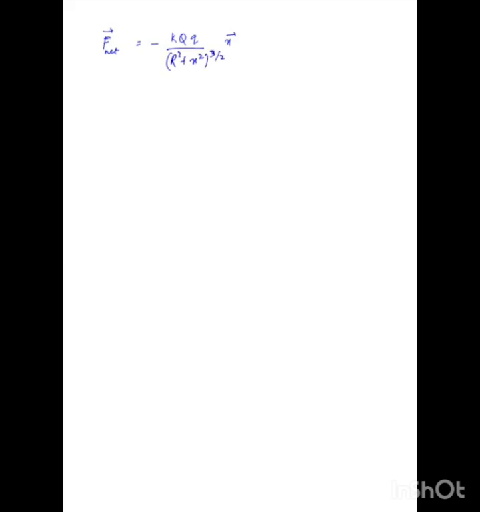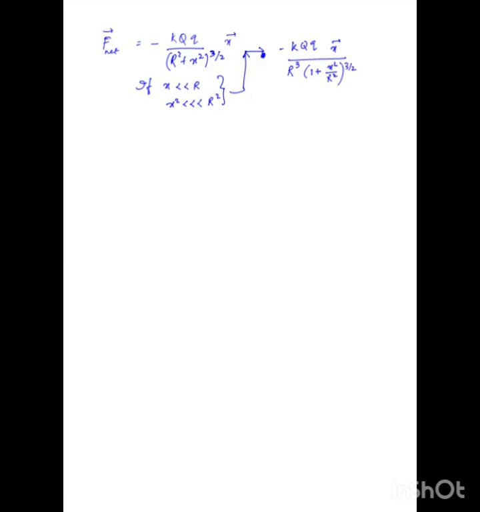This was the expression. Now if we have x much less than r, x squared is going to be even less than r squared. We put this condition over here, and what we get is simply minus kqq, the x vector remains as such, and with r taken out of that bracket with the 3 over 2, we have r cubed left, and in the denominator we have (1 plus x squared over r squared) raised to the power 3 over 2.